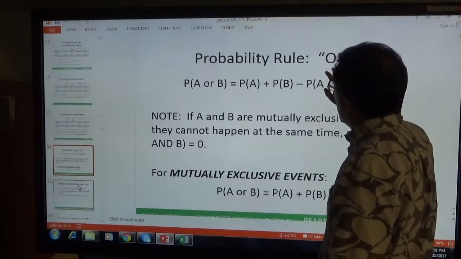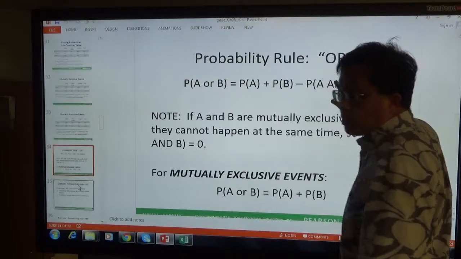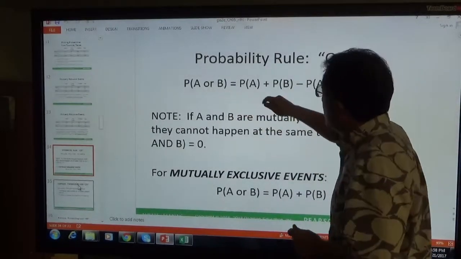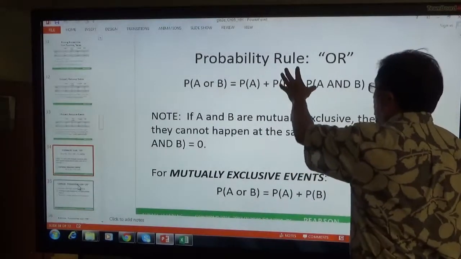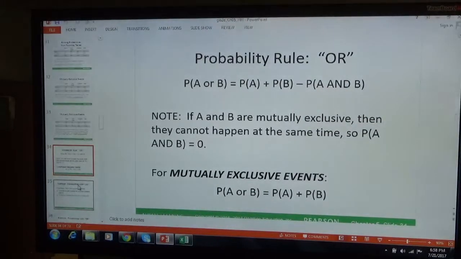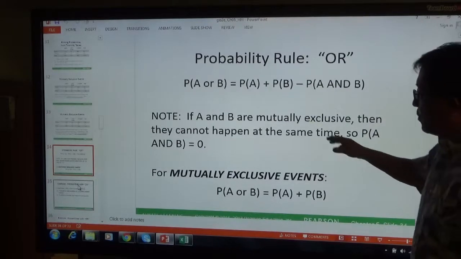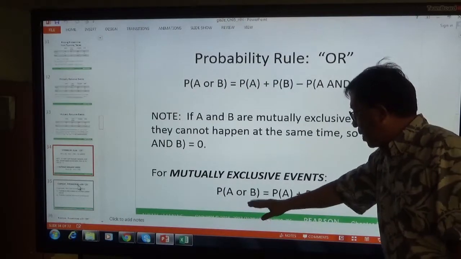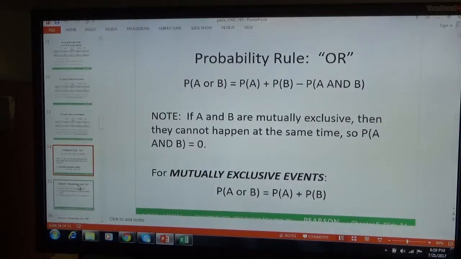If the events are not mutually exclusive, in other words, they can happen at the same time, then the probability of A or B is equal to the probability of A plus the probability of B minus the probability of A and B. So I have to subtract the probability of A and B. But if the two events are mutually exclusive, then life is easy. The probability for A or B is just equal to the probability of A plus the probability of B.